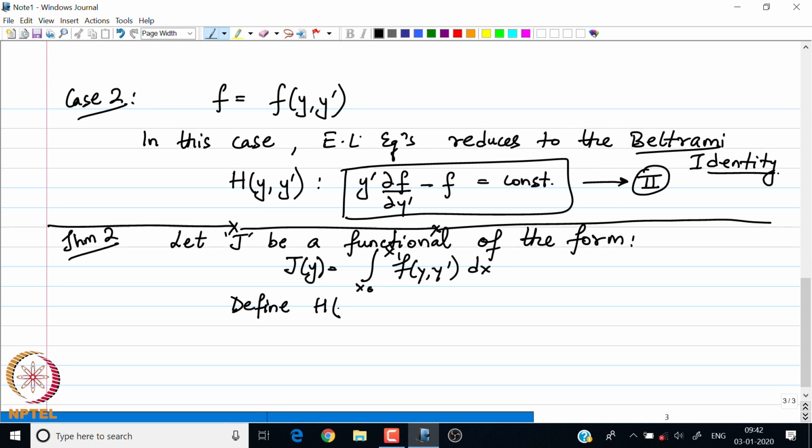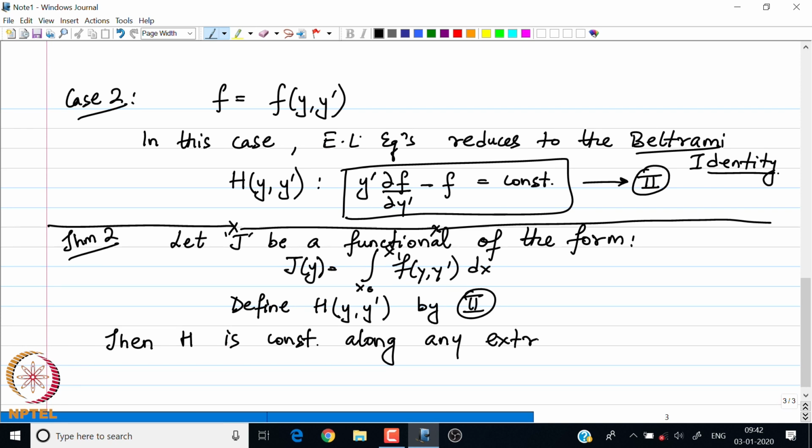So, let us define h of y, y prime as defined in 2, and the theorem says then H is a constant along any extremal y, okay, and y is a function of x.